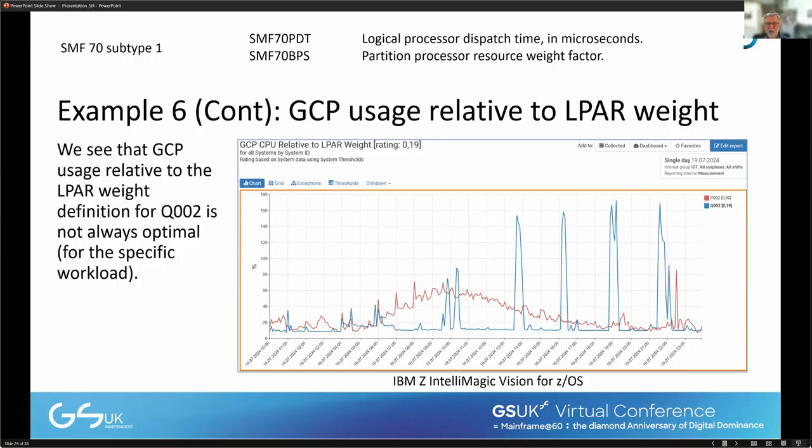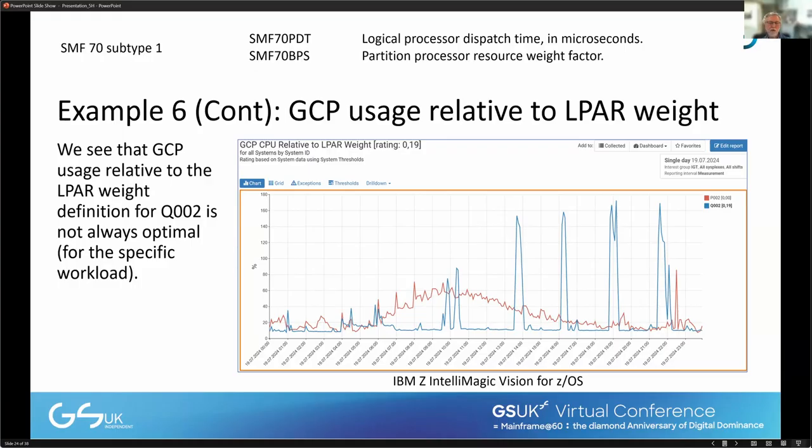And based on that combination, we get vertical high processors, medium and low processors. So what we can see here is that the Q002, those peaks that were running on vertical low, are actually bouncing up to 160% of the LPAR weight. So this is an indicator of what's running on this LPAR is more than what we planned for in the configuration.